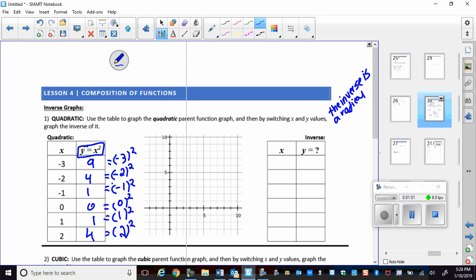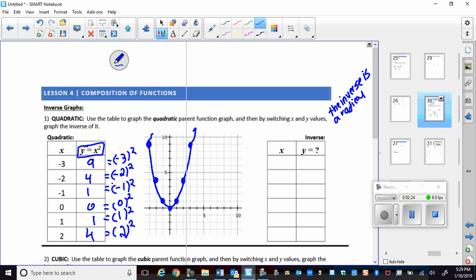So I'm going to graph -3, and I go up 9, left 2, up 4, left 1, up 1, and then 0, 0, and I graph the point 1, 1, then right 2, up 4, and I could even graph right 3, up 9, and what I form is that parabola.